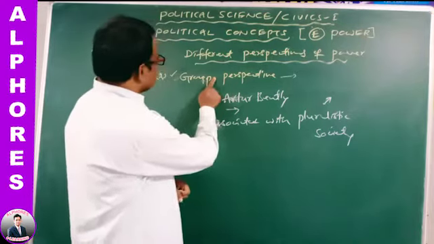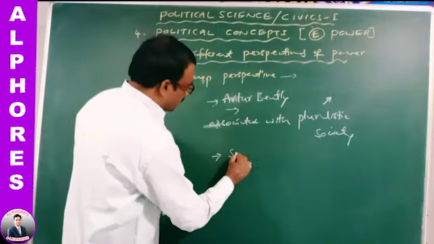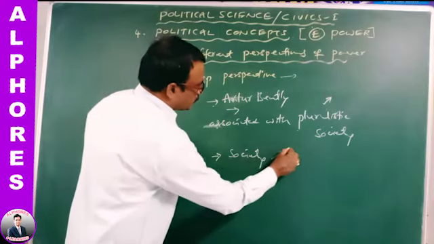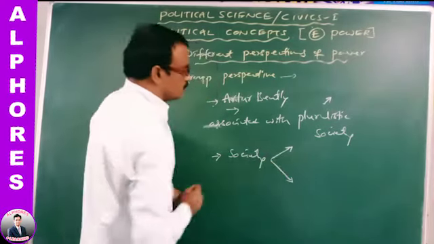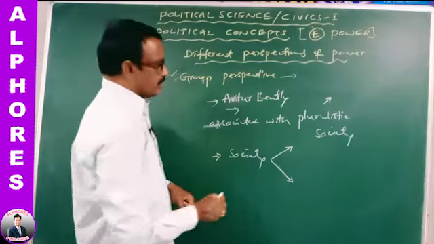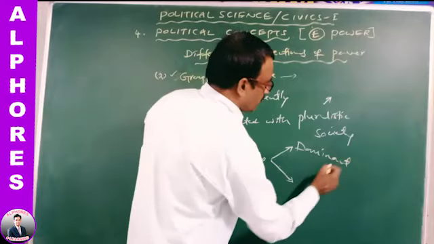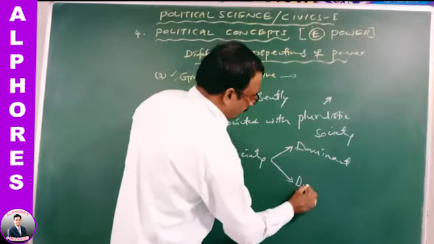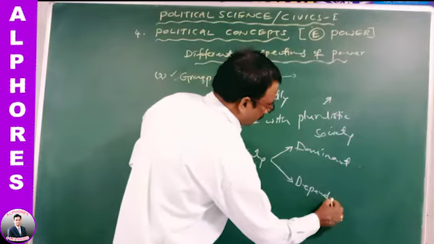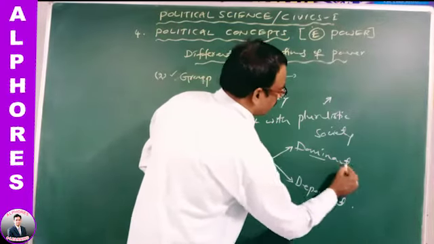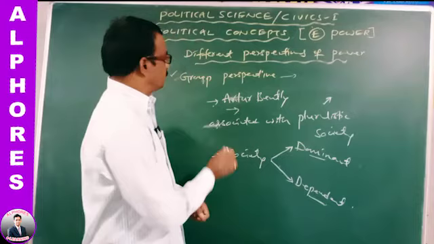So here, this perspective divides the society into 2 broad categories. One is dominant class, dominant section, and dependent section. Dominant section and dependent section.